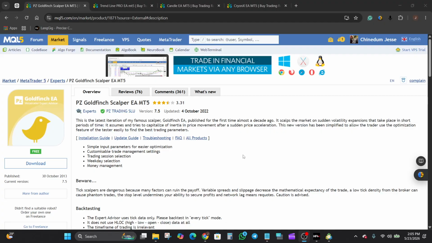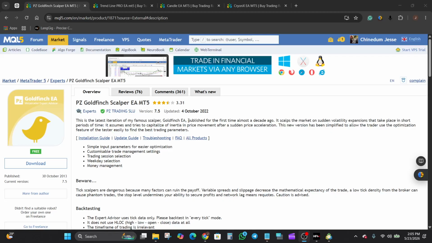Now, right now on my screen, I am looking at the PZ Goldfinch Scalper EA for MT5 developed by PZ Trading SLU. First thing to note is that this is a free EA, and it is currently listed on the MQL5 Marketplace as version 7.5, last updated in October 2022.